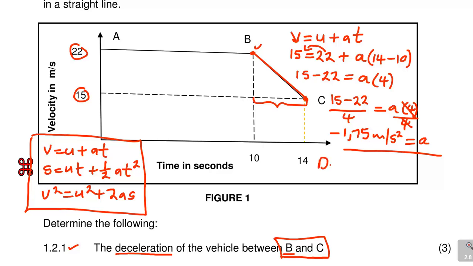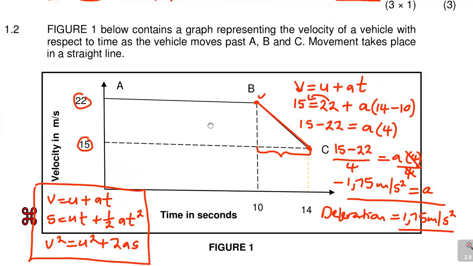So you can write deceleration, because the question was find deceleration. So for deceleration, you don't have to put the negative now. It is 1,75 meters per second squared. The moment you say deceleration, you don't have to put that negative.